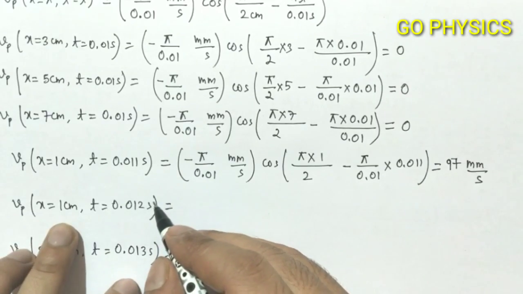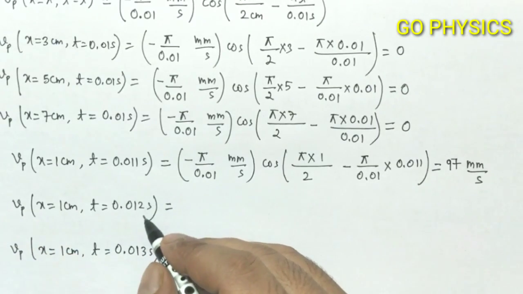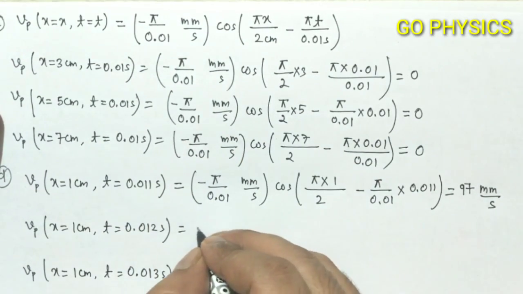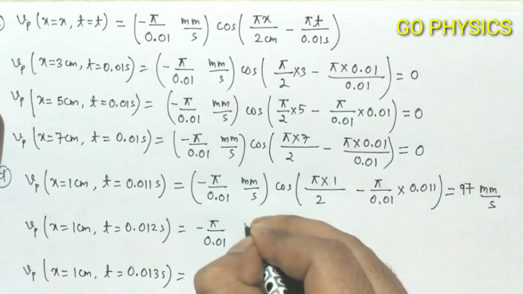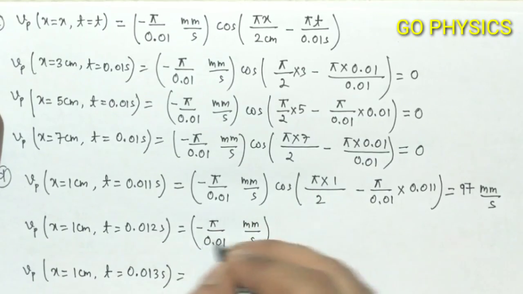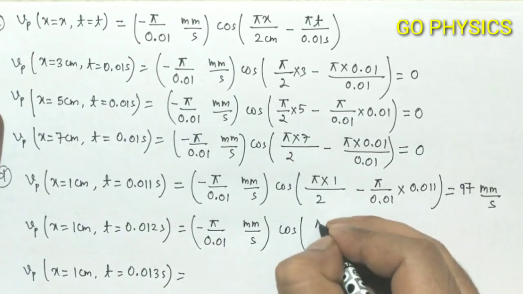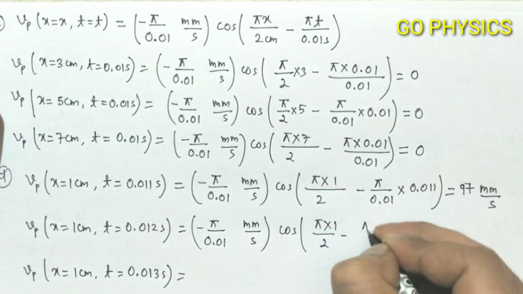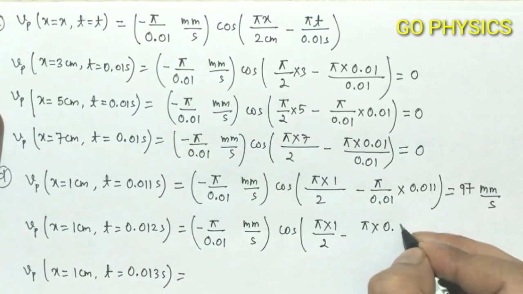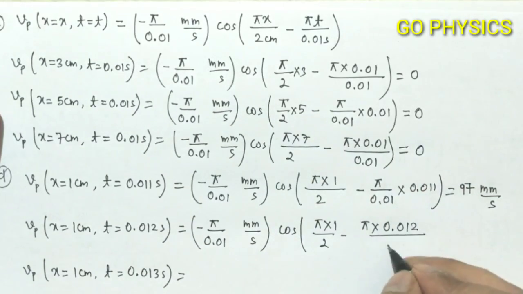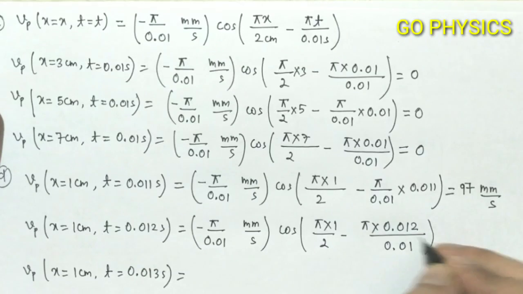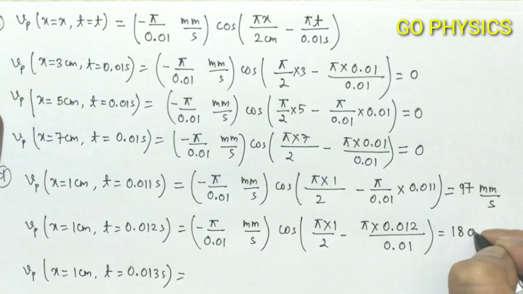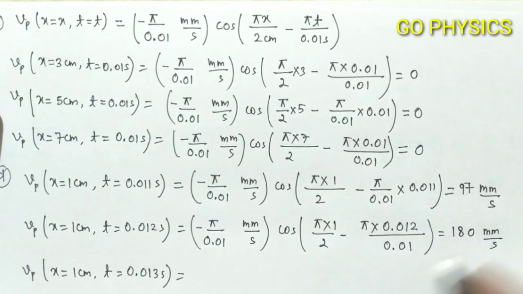Now at x equal to 1 and time 0.012 second, substitute these values in the general value of speed. It will become minus pi by 0.01 millimeter per second into cos pi into x, and x is here 1 by 2, minus pi into time 0.012 divided by 0.01. If we simplify this, it will come out 180 millimeter per second.